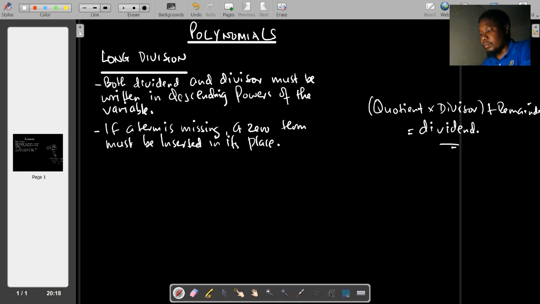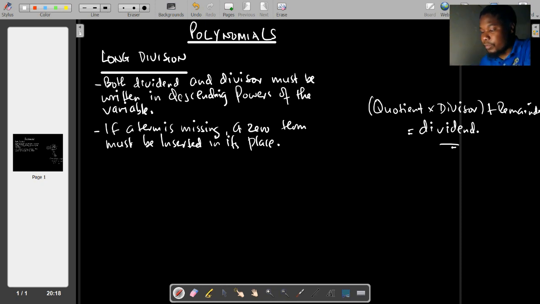Remember this. This is very, very important. Now, there are a few rules that we have to look at when we're doing long division with polynomials. The first rule is that you have to make sure that the polynomials that you are given, both dividend and divisor, must be written in descending powers of the variable.